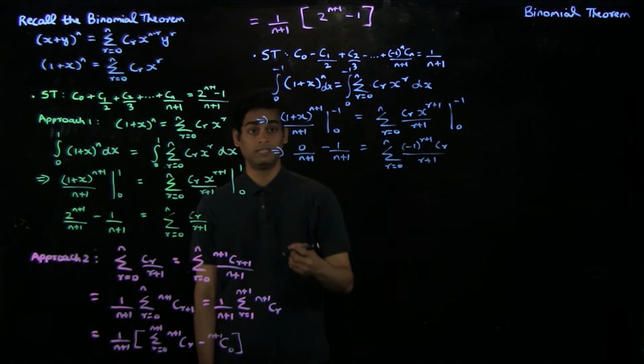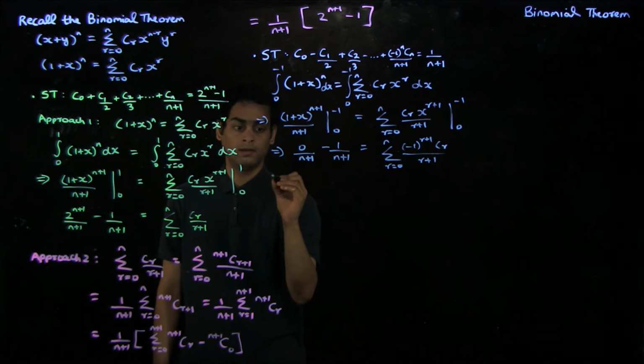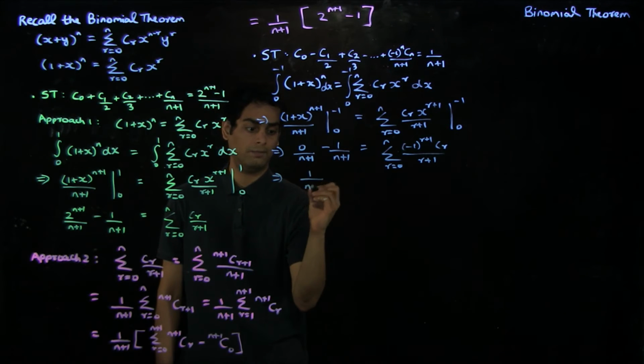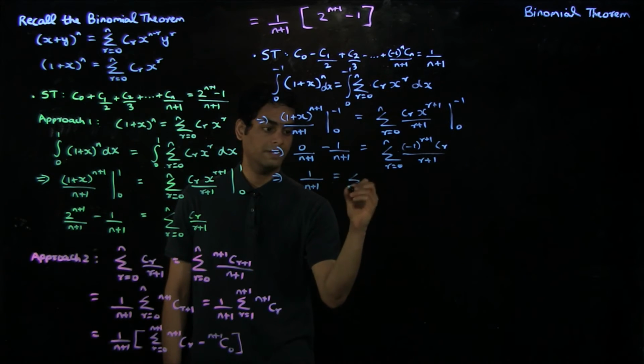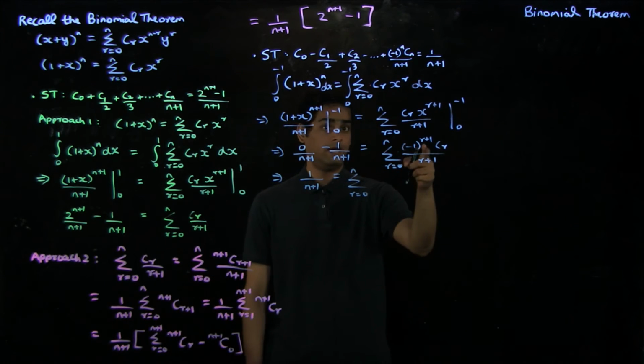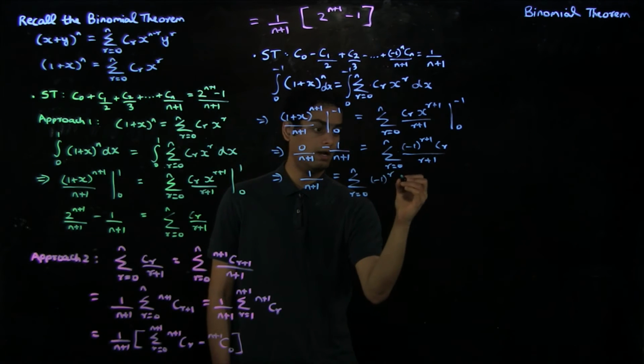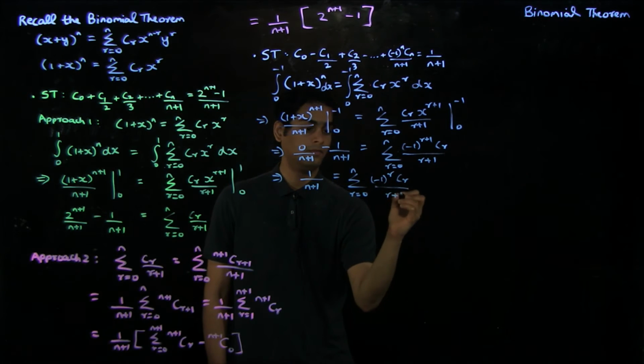Now you can multiply both sides of this equality with minus 1. That will imply 1 over n plus 1 equals summation r equal to 0 to n. And minus 1 power r plus 2 is nothing but minus 1 power r. Right, this is minus 1 power r nCr over r plus 1.